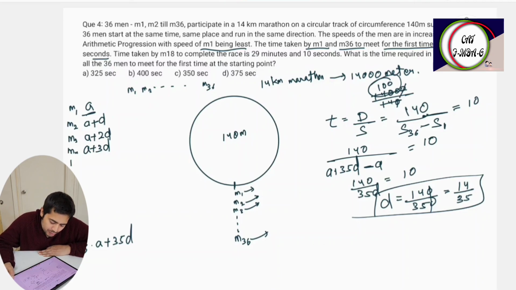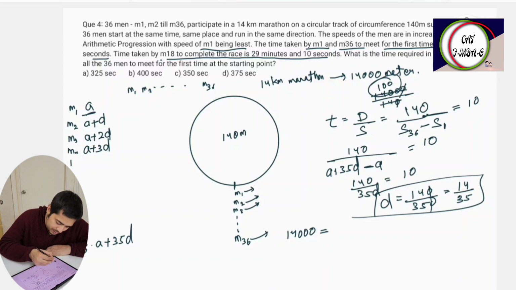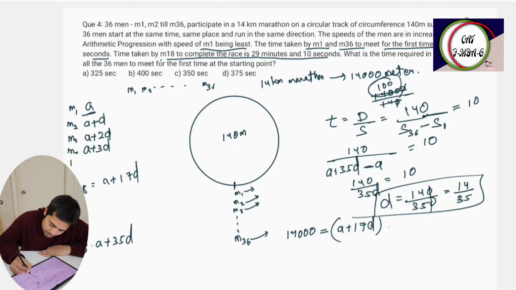Okay. Now the time taken by M18 to complete the race is 29 minutes and 10 seconds. So to complete the whole race, what is the distance? The distance is 14,000, and distance is equal to speed into time. The speed of M18 will be a plus 17d, into time.